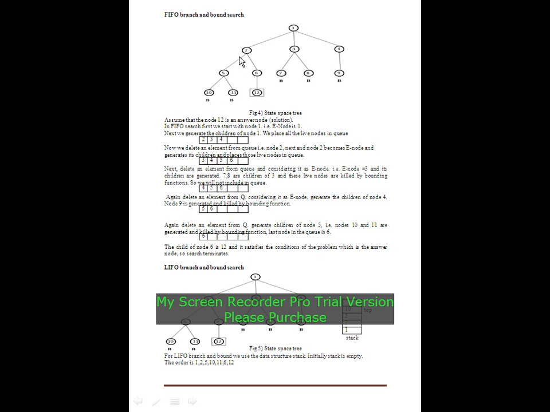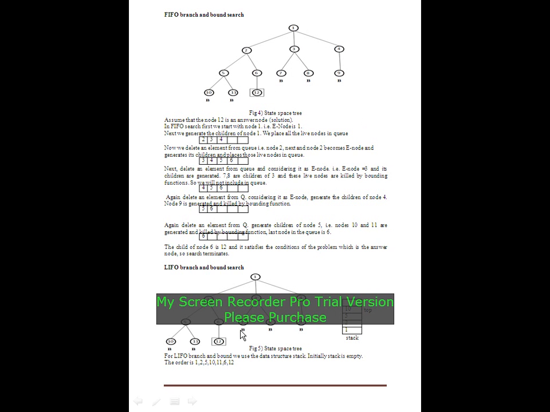And next from 2, 5, 6, and from 3, 7, 8, from 4, 9. And next again expanding from 5, 10 and 11, from 6, 12, etc. So the FIFO based branch and bound technique cannot allow any pruning approaches. So we have to expand the nodes continuously.